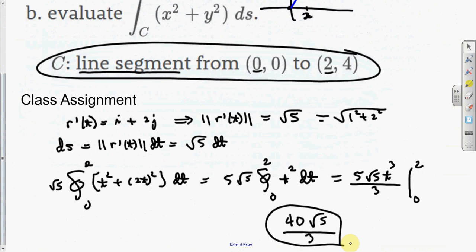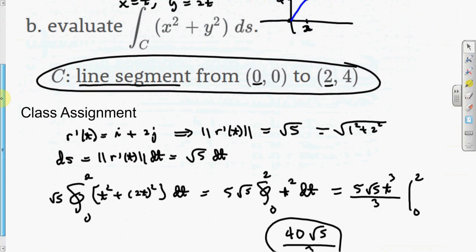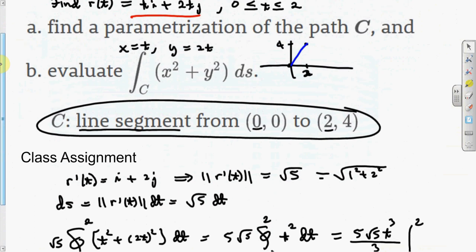Yes, ma'am. Why would it be that? If you switch that up, then x would equal 1/2 t, and then y would equal t if you did that.